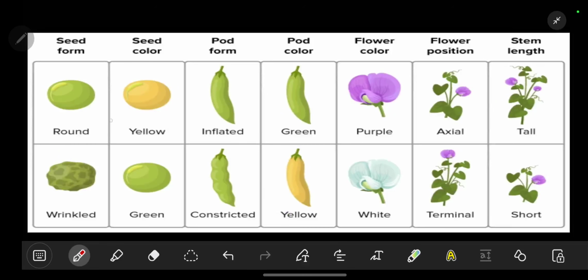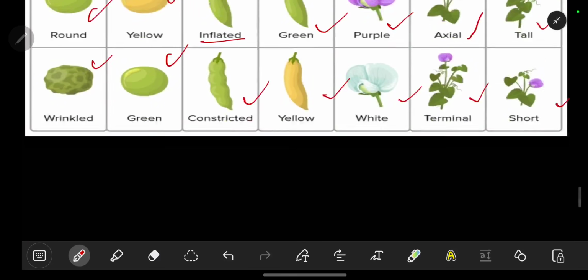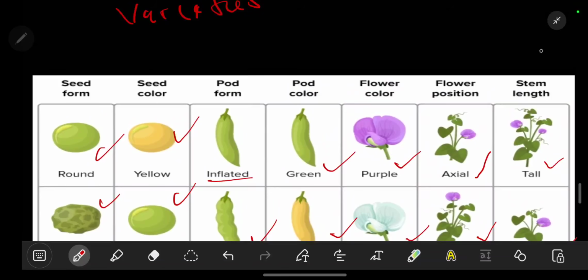Some are round, some are wrinkled, some yellow, some green. We have inflated, constricted, green, yellow, purple, white, terminal, axial, tall, short. So it has many varieties, which makes it a very good specimen for us to study the behavior of these peas.